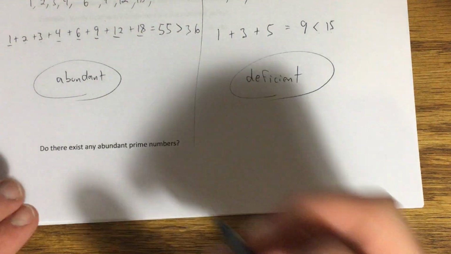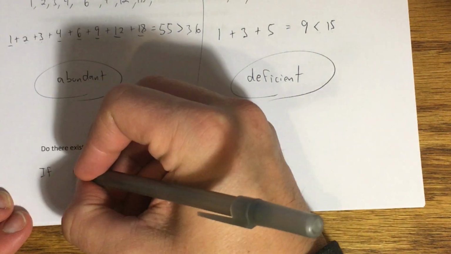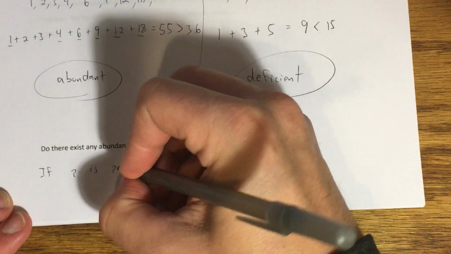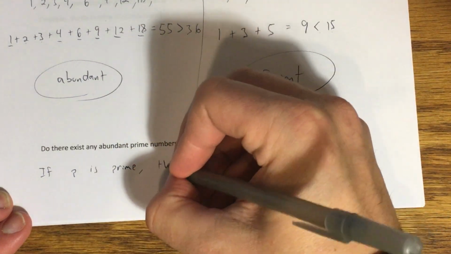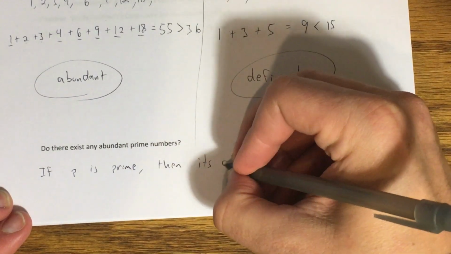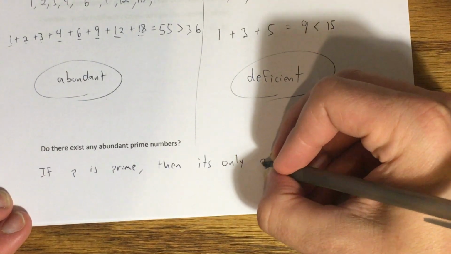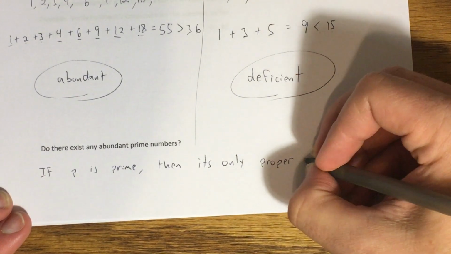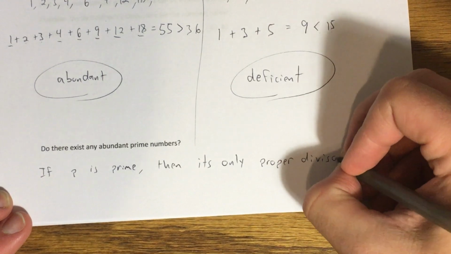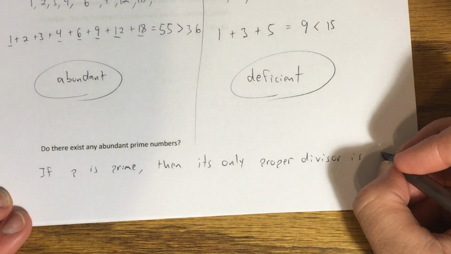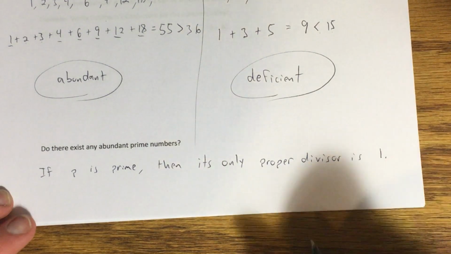In fact, for any prime number, if p is prime, then its only proper divisor is 1, right?